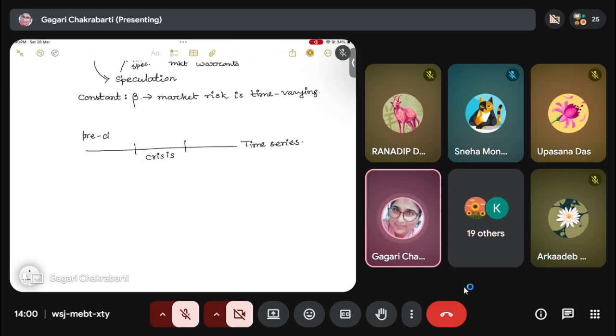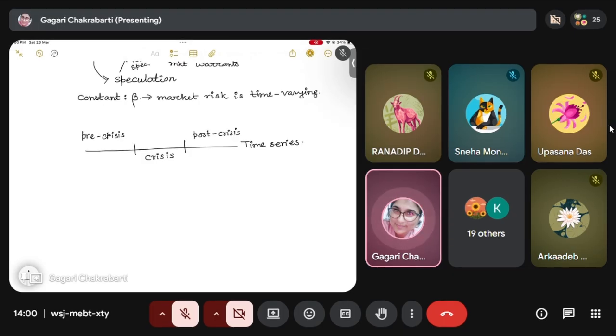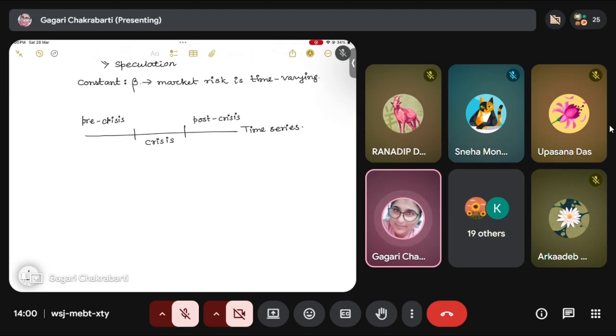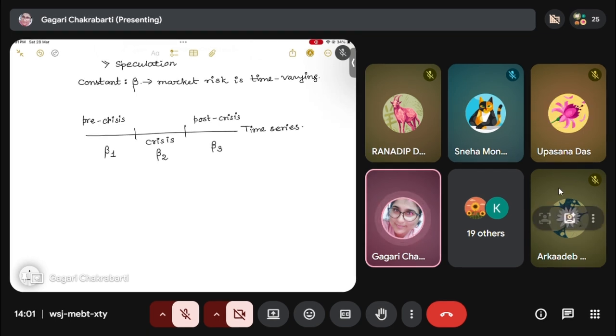This is the pre-crisis. তো এই বলছে ঠিক আছে আমি কনস্ট্যান্ট বিটা ভাবছি না, because beta is dependent on the nature of the economy, nature of the stock market, and beta 3 is the post-crisis beta. তুমি আবার তিনখানা বিটা পেয়েছো। So is your beta time varying in the true sense right now?